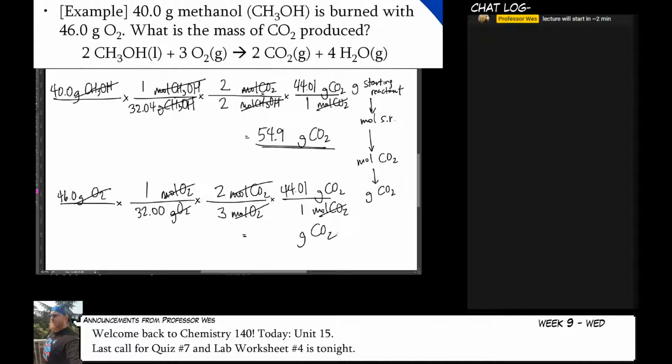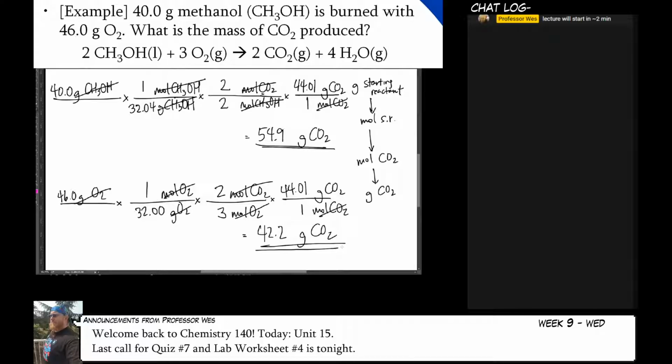And how much CO2 is potentially made with 46 grams of oxygen? 46 times 2 times 44.01 divided by parentheses 32 times 3. You'll notice that I got less CO2. So potentially 46 grams of oxygen could produce 42.2 grams of CO2.